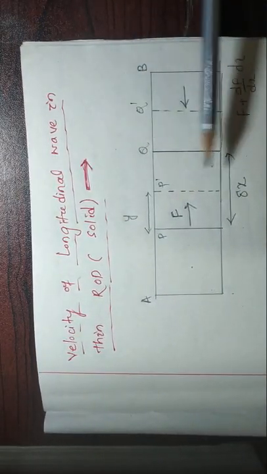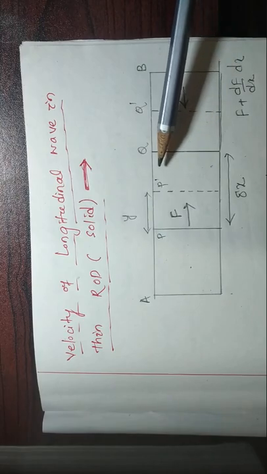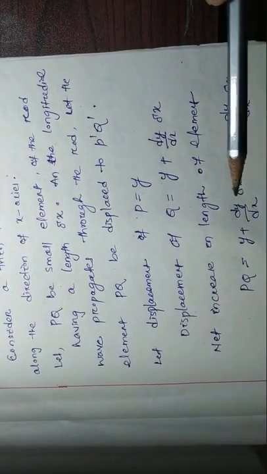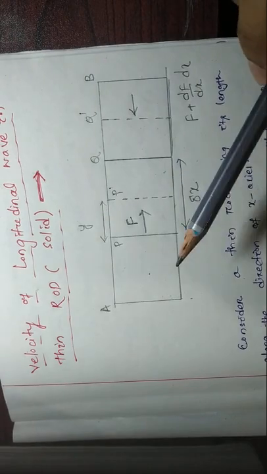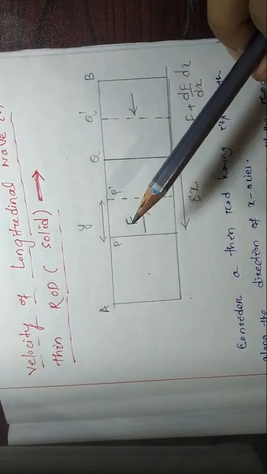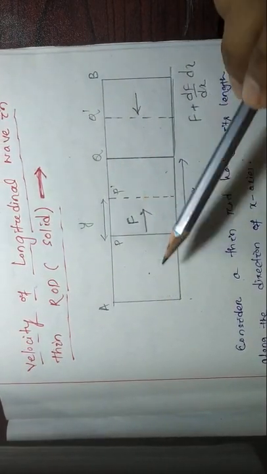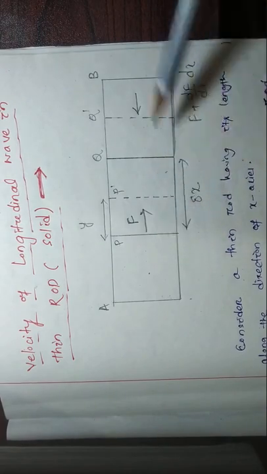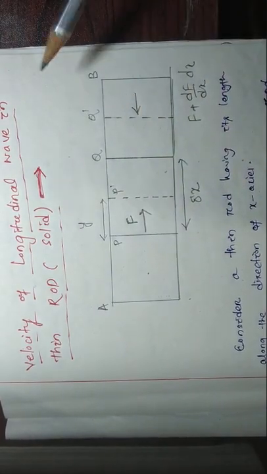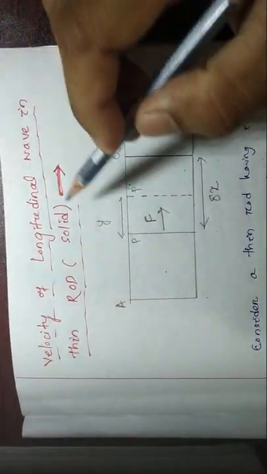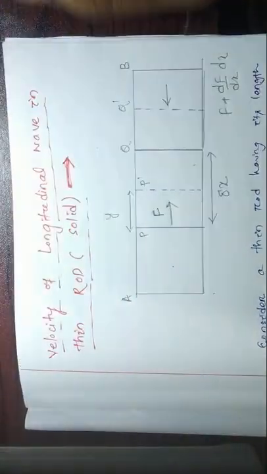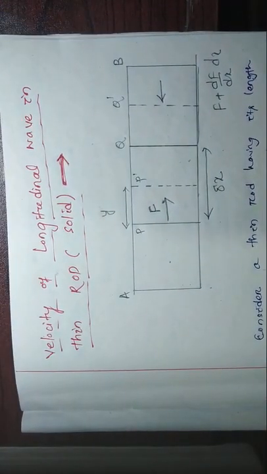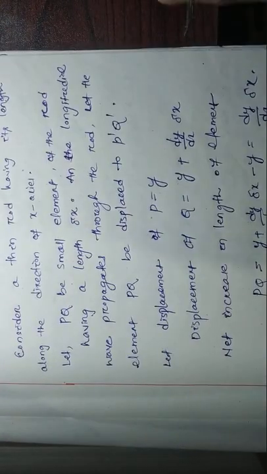So this is the derivation that we have to find out: if a longitudinal wave moves in a solid or a rod, what will be its velocity. Actually it is not in your syllabus, but we are going to discuss it in short.